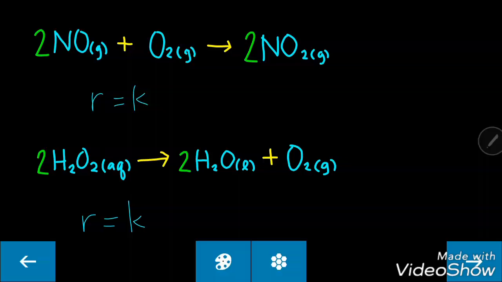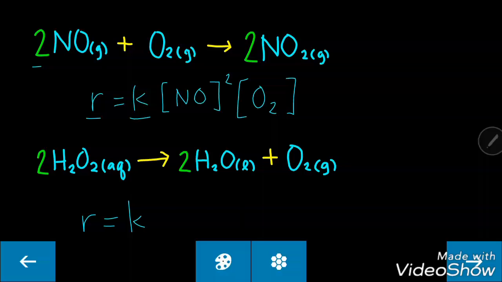Now, let's have two examples. We have 2NO plus O2 that will result in 2NO2. We have a rate, we have a specific rate constant, so the concentration of NO raised to 2, we got it from here, and the concentration of O2.